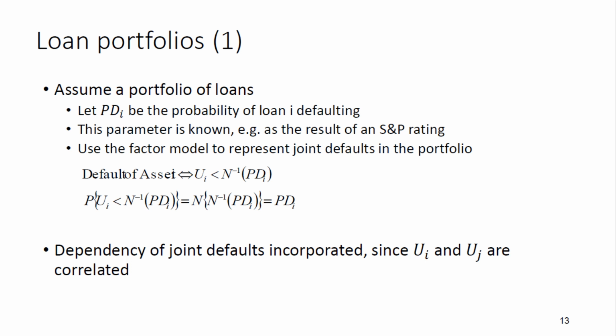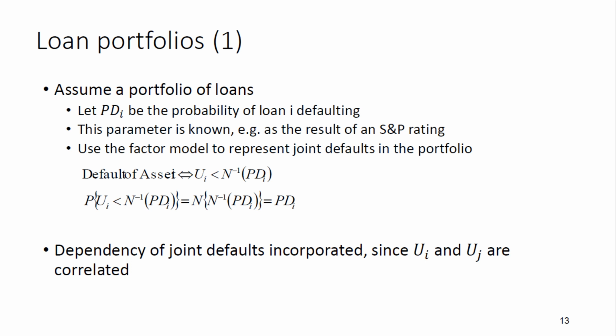You could think of this as the result of an S&P rating for a firm, or, for very small firms that do not have an S&P rating, simply a probability of default that is the result of internal credit scoring at a bank. There are huge departments at financial institutions that do credit scoring of each individual asset in the portfolio. So the PD is known.